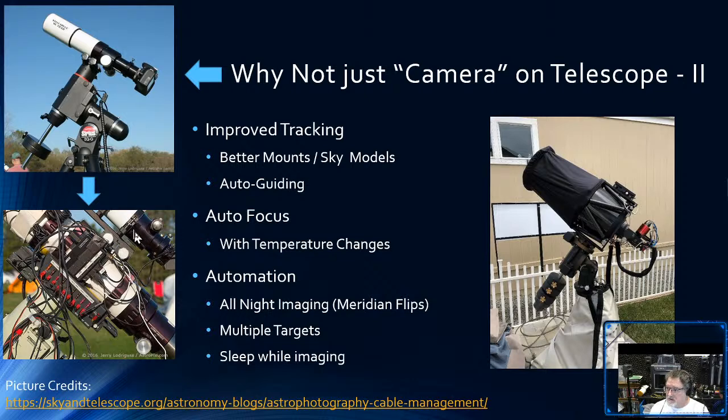Like, see right here, this guy's got a guiding scope on top of his main telescope. So he's got a guiding camera and an imaging camera. So the auto guider will look at a star and just focus on that one star and see how it appears to move relative to the camera frame, and it'll send corrections to the mount to speed up or slow down to keep that perfectly centered.